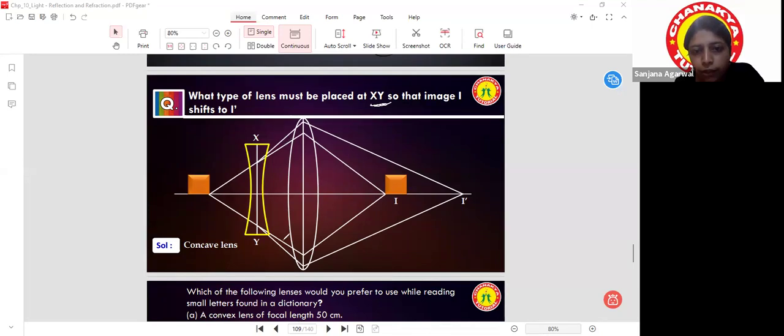If we take this ray of light, and imagine that no lens is present at this place, then this is our ray of light. We have to shift it to I dash. What do we have to do? We have to decrease the converging power of the lens. And so we'll be using a concave lens because it has negative focal length. It has negative power.